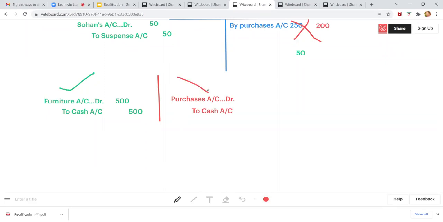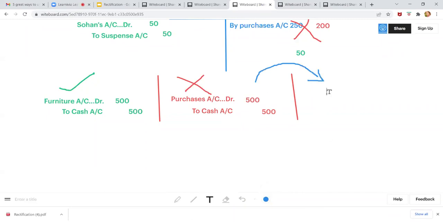So this is the wrong entry, now with the amount of rupees 500 here as well as here also. So as we have discussed in the previous classes, we have to reverse the wrong entry.